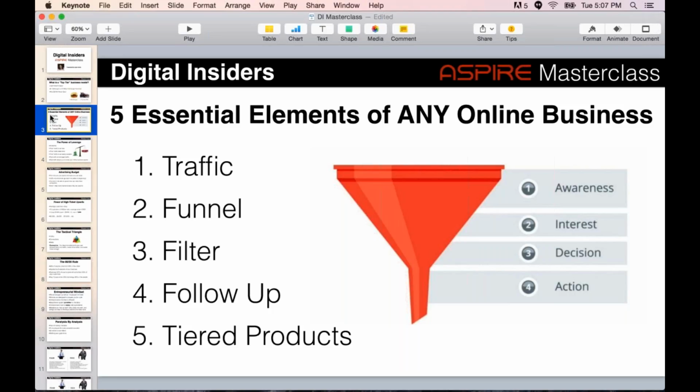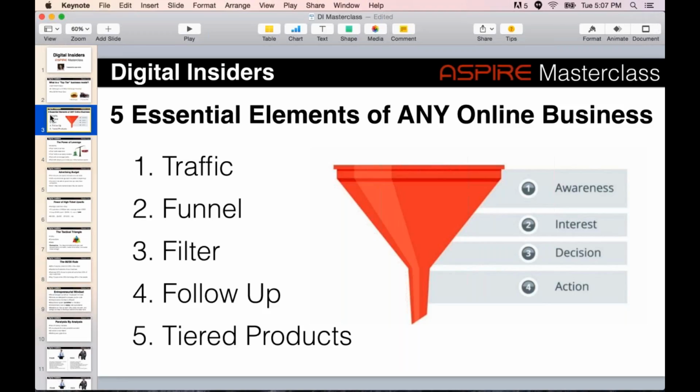And over time, some people will be interested in what you have to offer, and some people won't. But the first step is to bring some awareness around what you're doing and what you have to offer, and then generate some interest amongst some of those people. Then once you've got the people that are interested, you can get them to make a decision to take action, to sign up for your email list and to purchase products that you have to offer. So that's the marketing funnel.